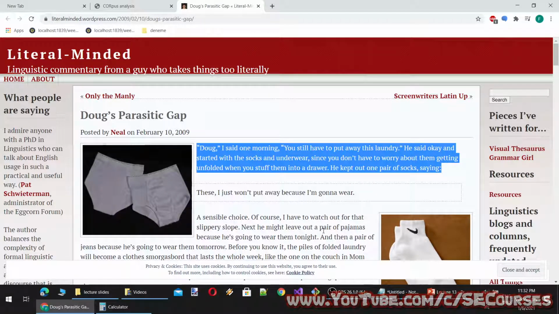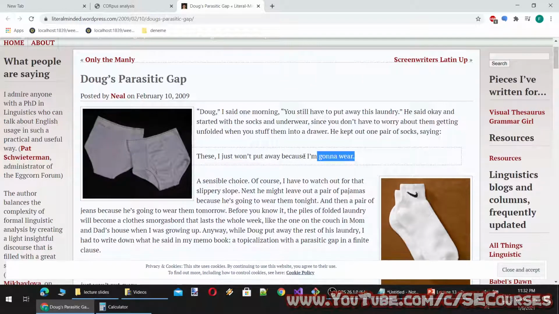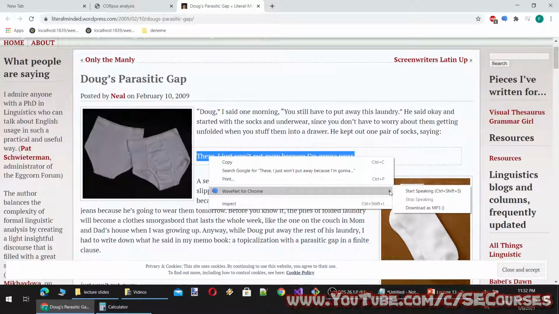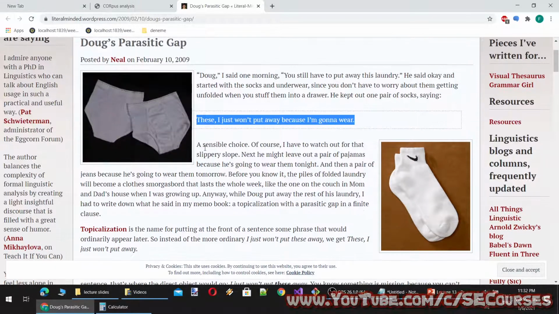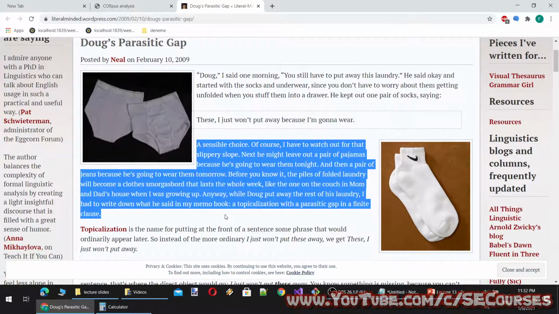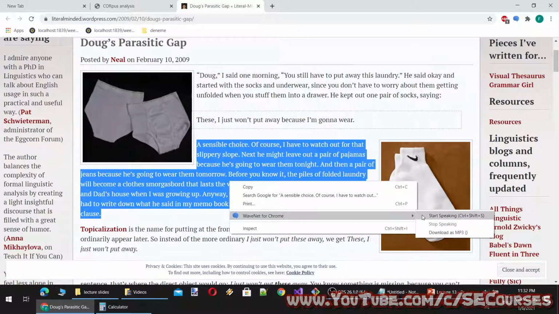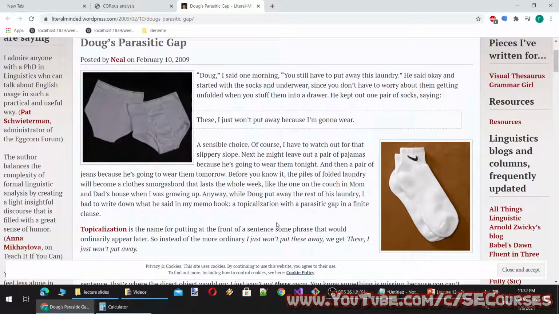Doug, I said one morning, you still have to put away this laundry. He said okay and started with the socks and underwear, since you don't have to worry about them getting unfolded when you stuff them into a drawer. He kept out one pair of socks, saying, "These, I just won't put away because I'm gonna wear." A sensible choice.